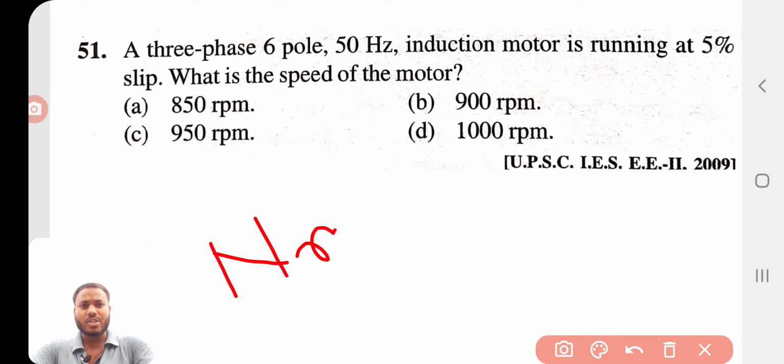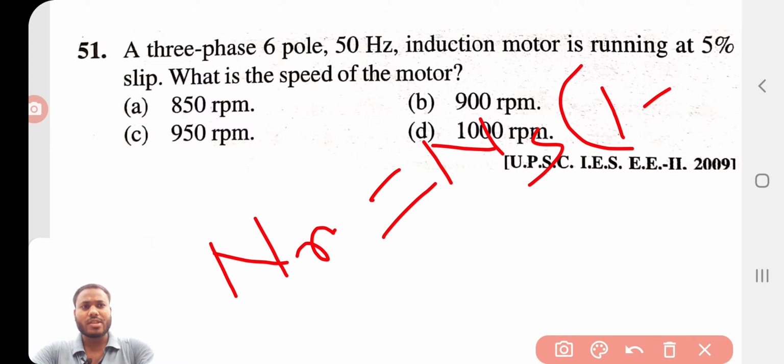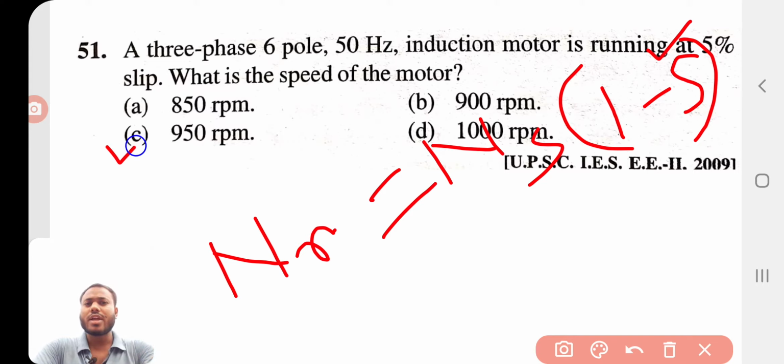One equation is there to solve this question: NR equals NS into (1 minus S), where S is the slip. If you put all the data in this equation, you will find the value of NR, the speed of the motor, which is 950 rpm. So the right answer here is number D.